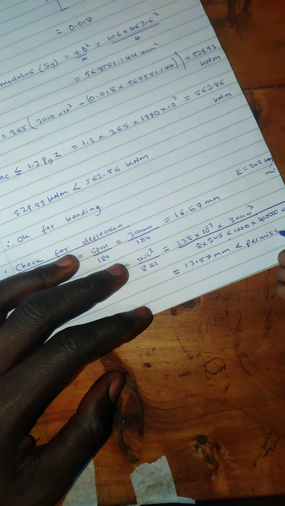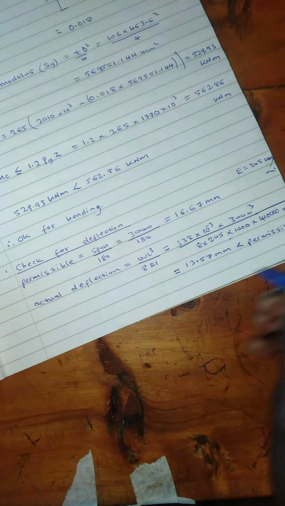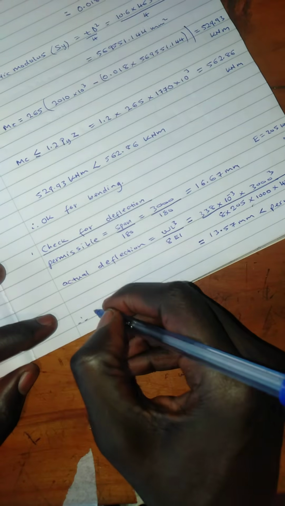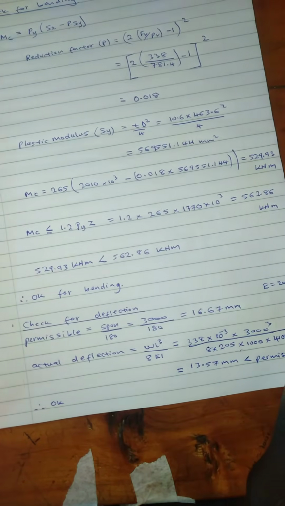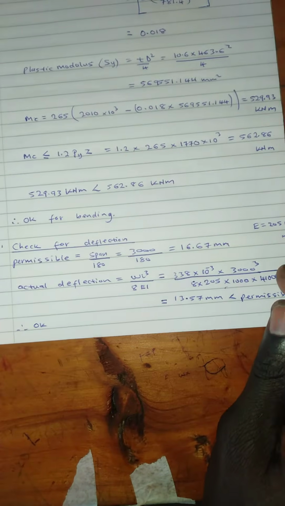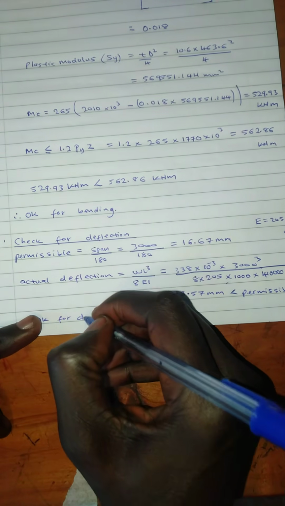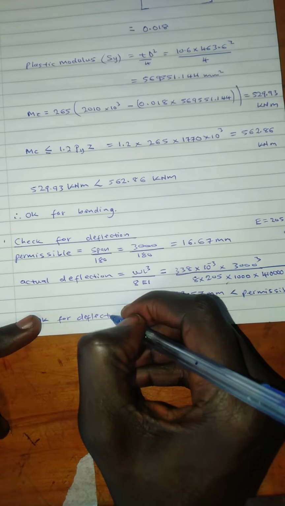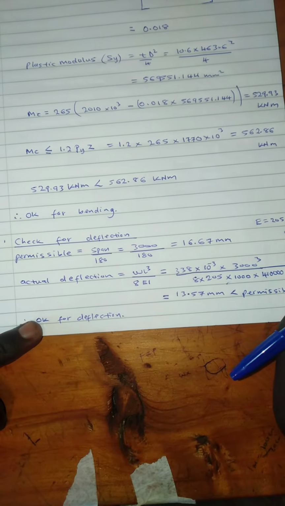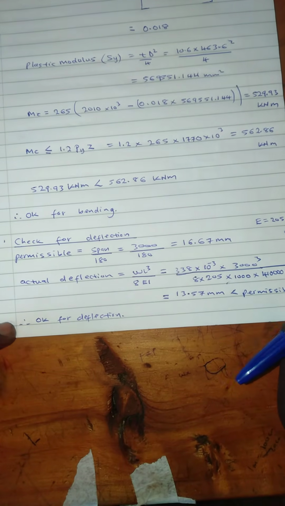That means our joist is okay for deflection. Deflection will not affect this joist. It will be okay. So that is the end.